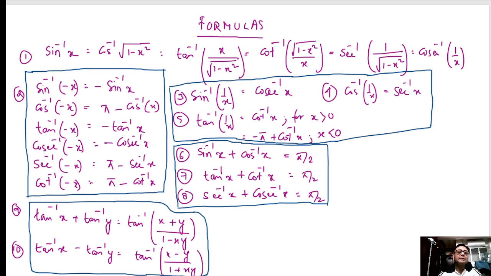Next are again some important formulas which you have to note. I would suggest please note all these formulas, because these are very, very important formulas for you.